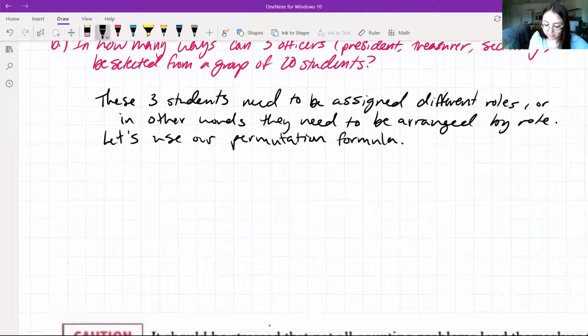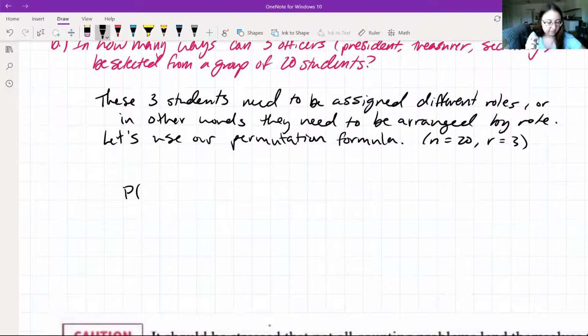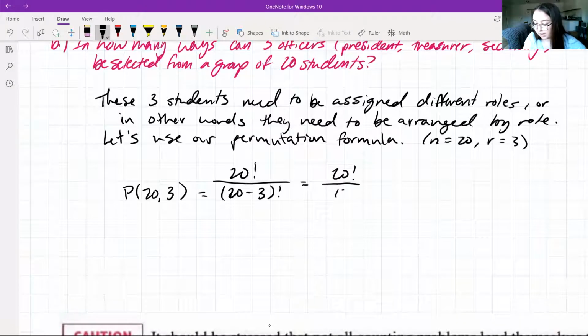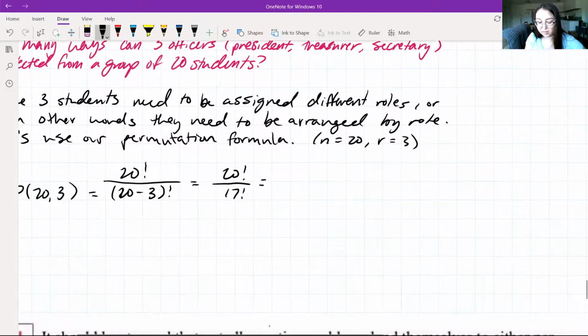All right, so now we're finding the permutation, and we still have that n is equal to 20 and r is equal to 3. So we have our permutation of 20 comma 3, which we know is equal to 20 factorial divided by 20 minus 3 factorial. It's going to give us 20 factorial divided by 17 factorial.